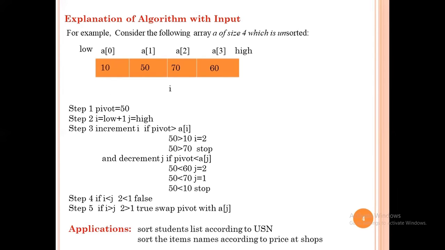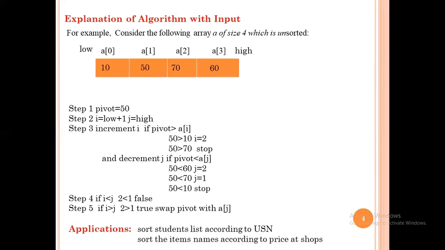Next, in the same manner, we need to process left hand part. Left hand part contains 10. Right hand part also we need to process. Right hand part contains 70 and 60. The same concept is applied to these two parts separately.